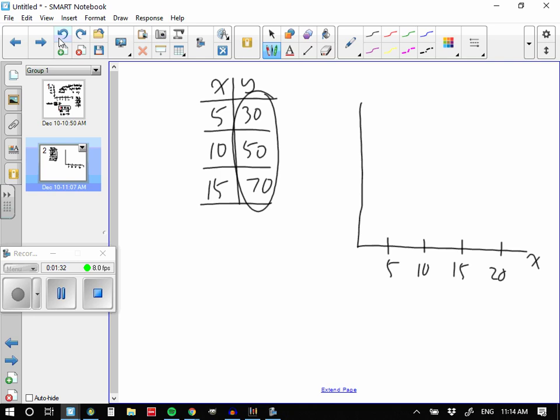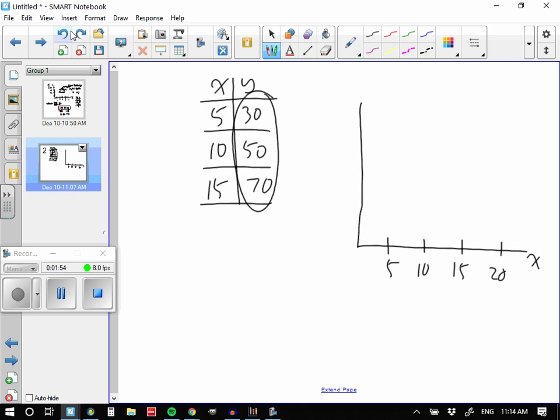In this case, to go from 30 to 70, if I make this 10, 20, 30, 40, 50, 60, 70, I can fit all of what I need to fit on that y-axis like that.